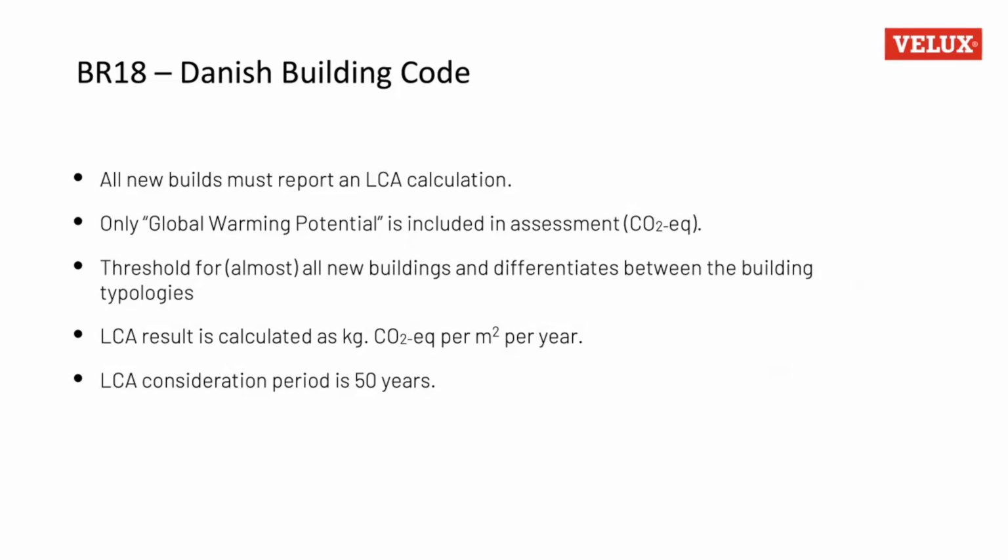As I just said, it's only mandatory to include the global warming potential, and this LCA result therefore has to be in kilograms CO2 per square meter per year, where this per year is the global warming potential divided by 50 years, because in Denmark that's what we have decided the lifespan of a building is. Then I just want to add that this CO2 is called CO2 equivalents. So that's why we try to remember always to write EQ after the CO2.